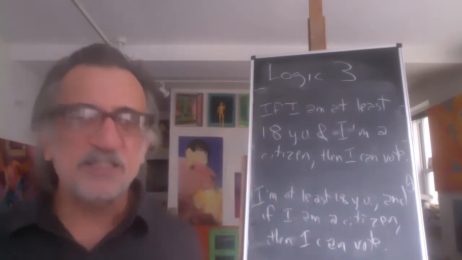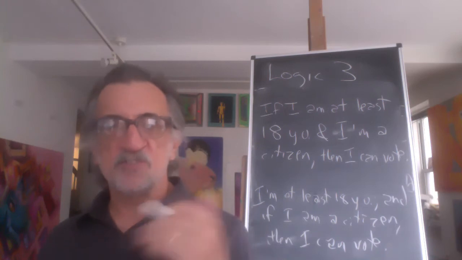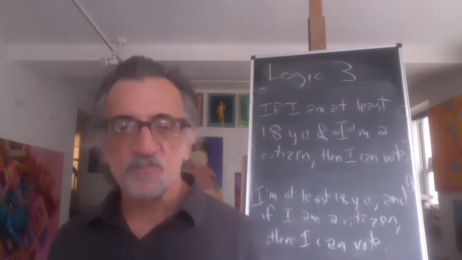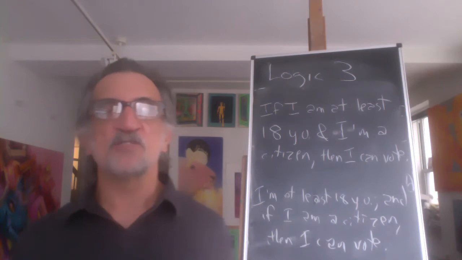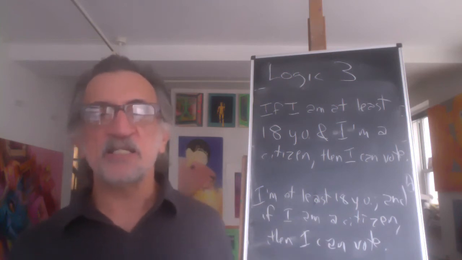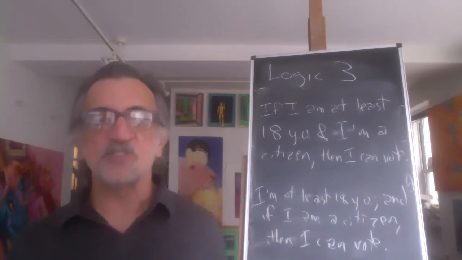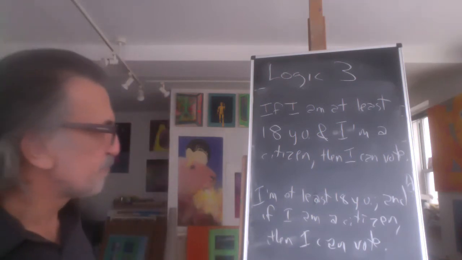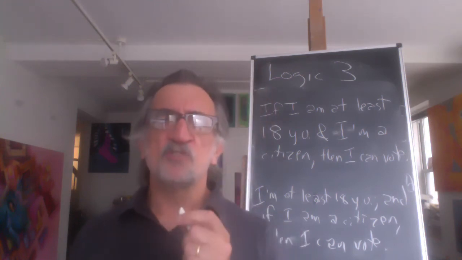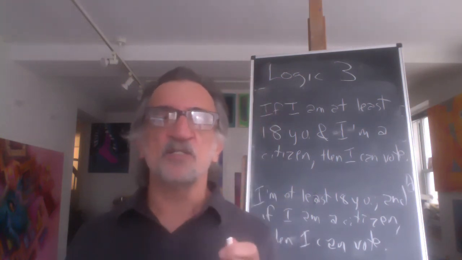If I am at least 18 years old and I am a citizen, then I can vote. The second sentence says, I am at least 18 years old, and if I am a citizen, then I can vote. Well, intuitively, you can see a difference between these two, because the first one is entirely a conditional.